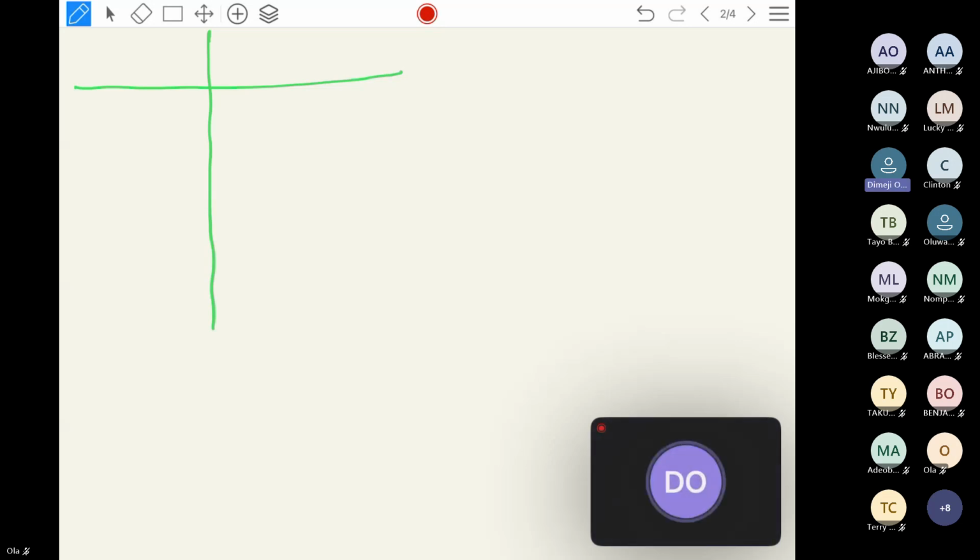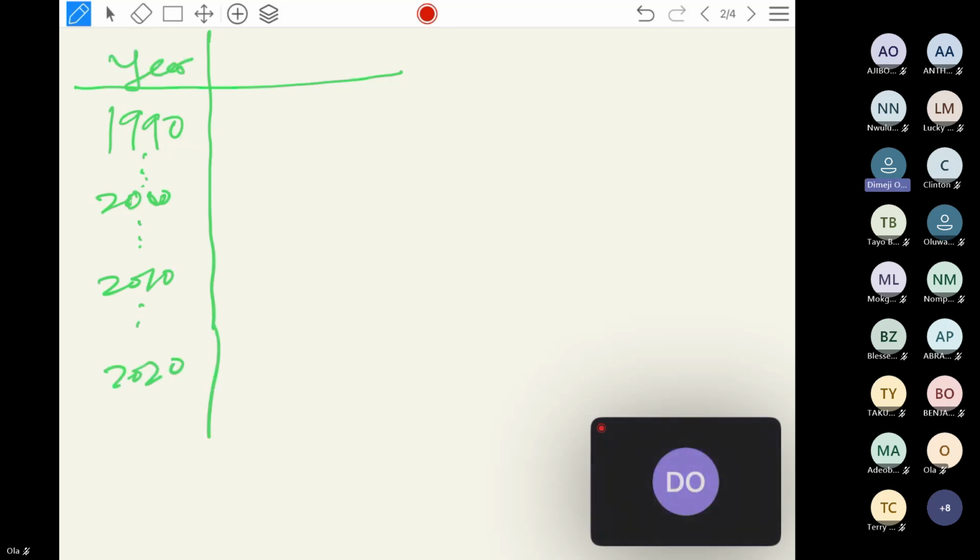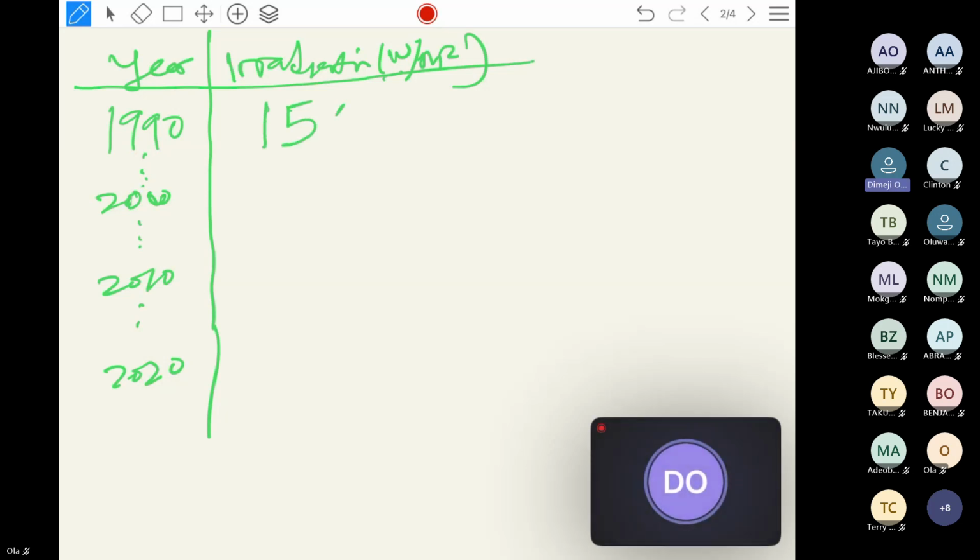Maybe you want to use year 1990, year 2000, year 2010, year 2020. This is the year and this is the irradiation. And the value for this was 150, here 170, here 198, and here 164.